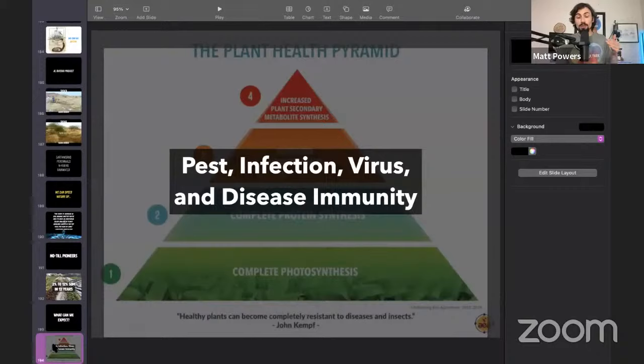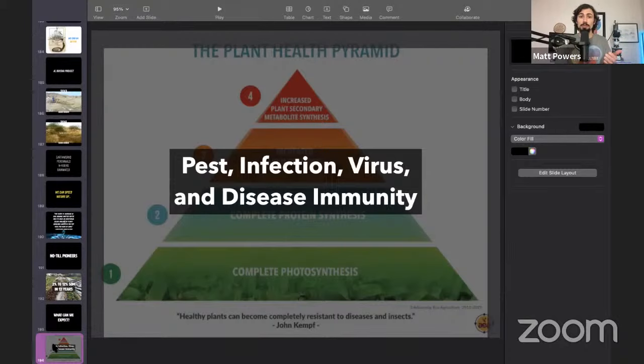Well, with these methods, with the things I'm talking about, with the insights I'm having, and with all the people that are practicing this, we're seeing pest, infection, virus, and disease immunity. Even when there's locusts attacking in Africa, you're having these farms in the middle, surrounded by everyone being destroyed, and their farms untouched, because all of those things, infection, pests, they all feed on simple sugars and nitrates.